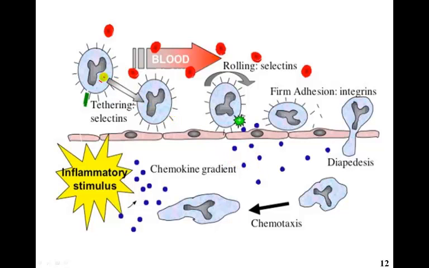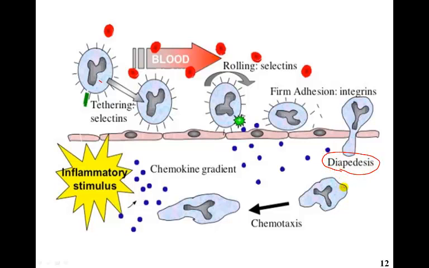So when they recognize things they need to respond to, white blood cells frequently leave the blood and go into the tissue. There are several steps in the process, and I don't want you to worry about the individual steps particularly, but they'll recognize their molecule, they'll adhere to the wall, and then there's an interesting process called diapedesis.